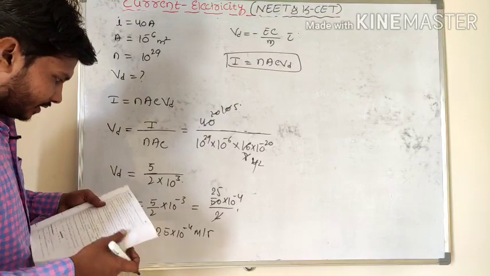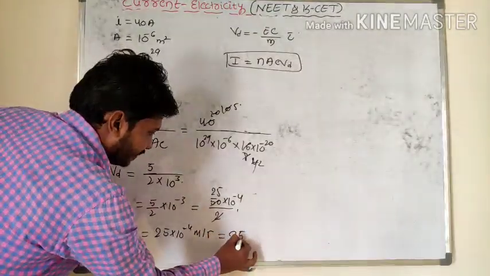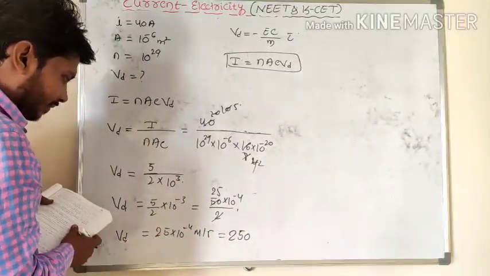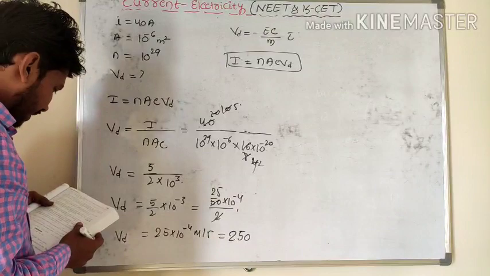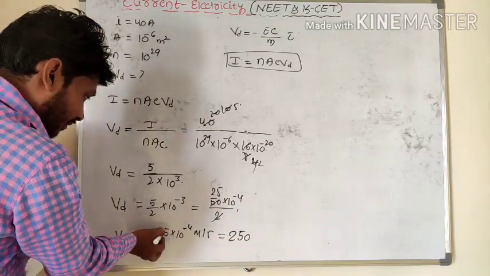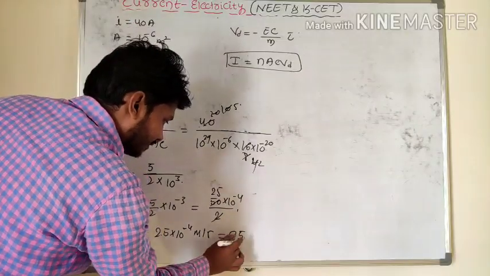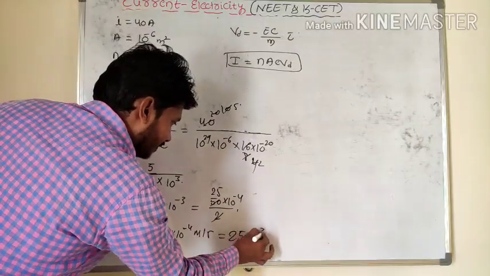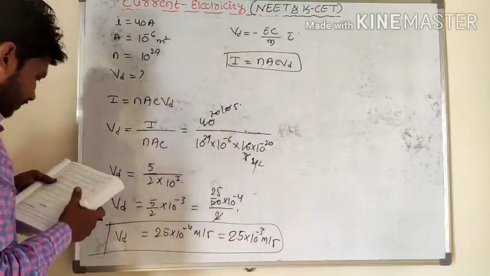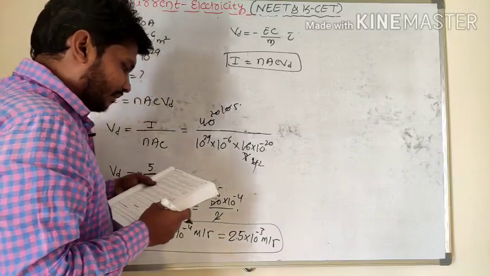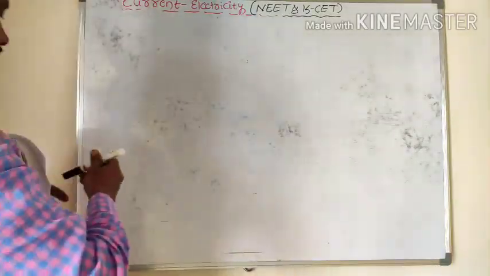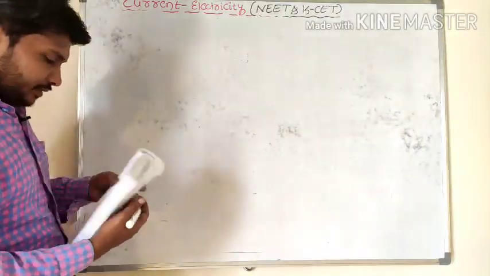Which option is true? I can rearrange 25 into 10 to the power of minus 4 as 2.5 into 10 to the power of minus 3 meter per second. So the third option is right. Okay, we'll consider the next one.